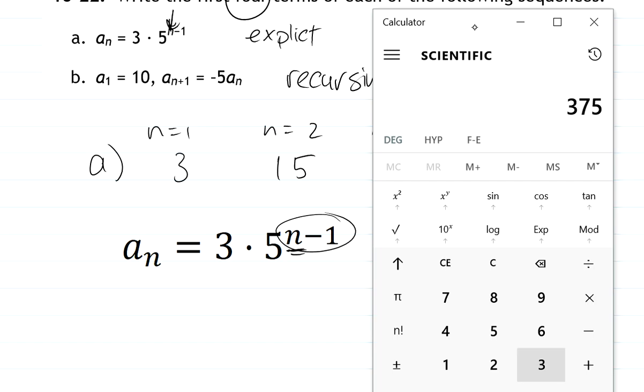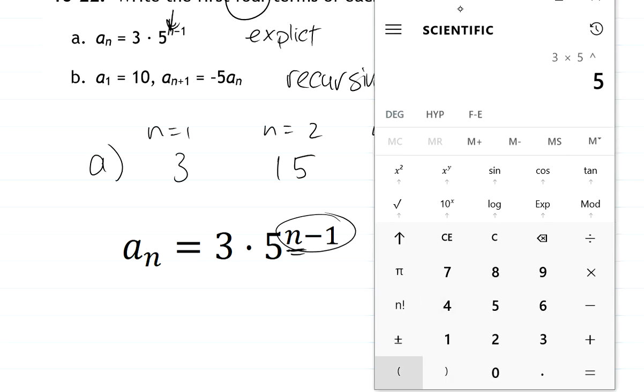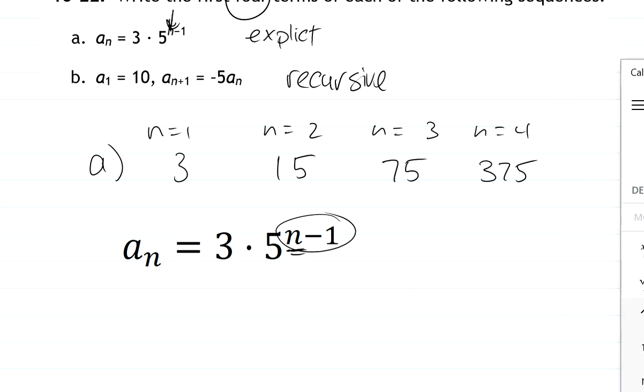I could go 3 times 5 raised to the power of, and I would use parentheses here, open parentheses, 4 minus 1. You can see I do get the 375. Okay, so that's the one with the explicit formula. You just plug in n and it'll tell you the value at that spot.